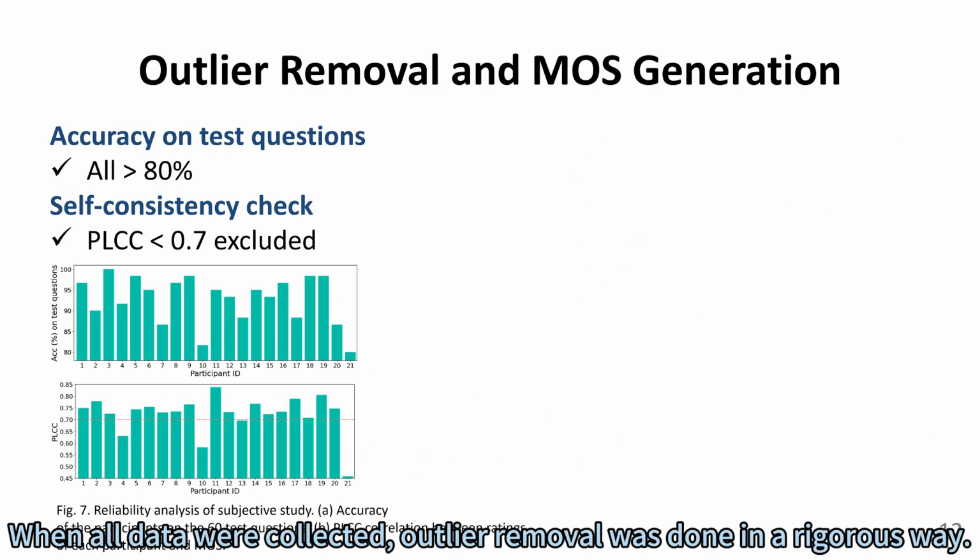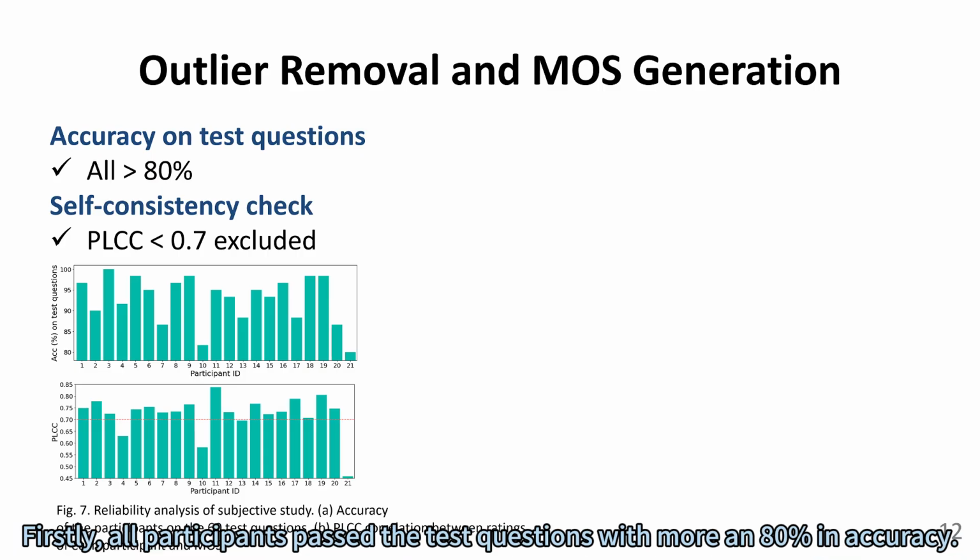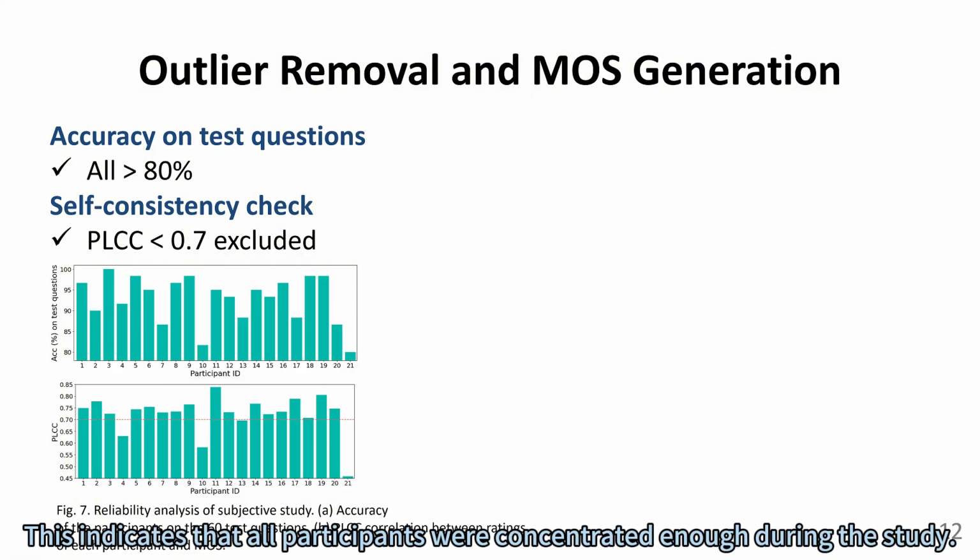When all data were collected, outlier removal was also done in a rigorous way. Firstly, all participants passed the test questions with less than 18% inaccuracy. This indicates that all participants were concentrated enough during the study.